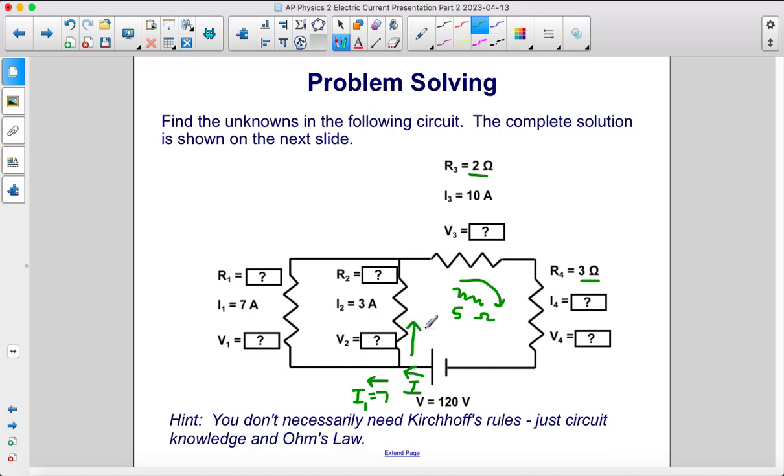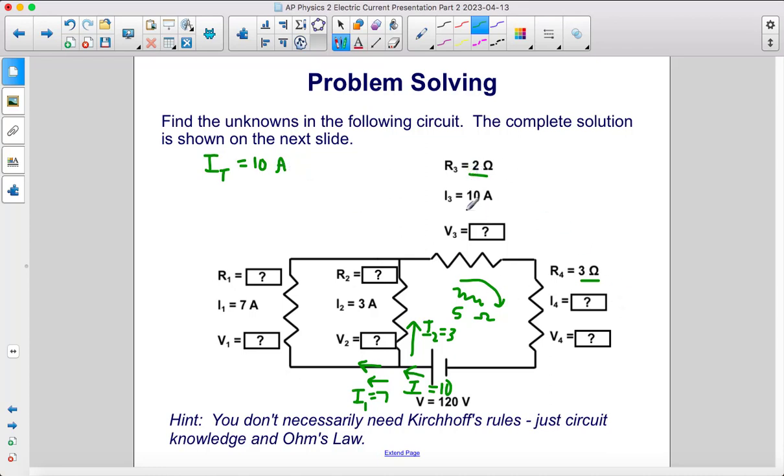And this one will be I2, and that is 3, which means the total current must be 3 plus 7. Because that's how much went that way is 7, that much that way, 3 amps went that way, therefore 10 amps must have left the battery. So we now know that the total current in the circuit is 10 amps.